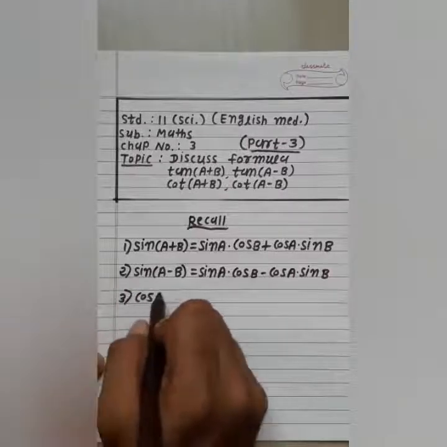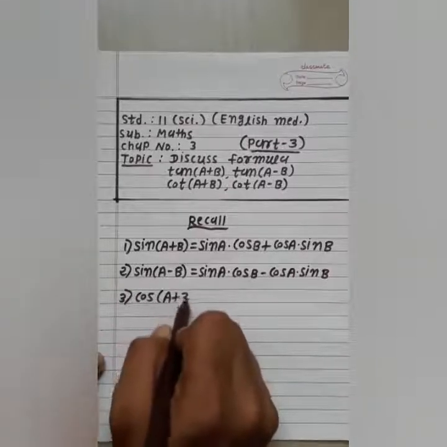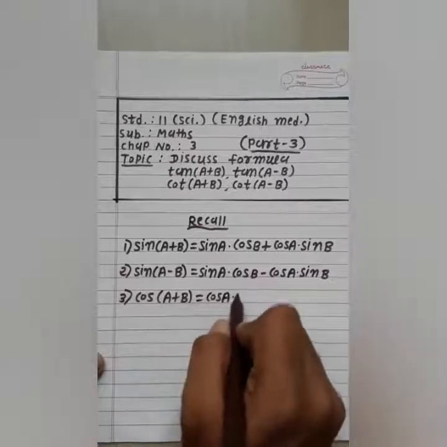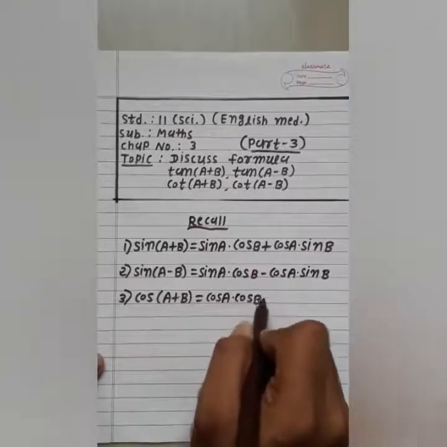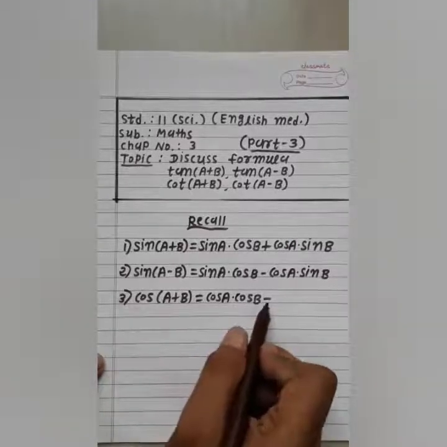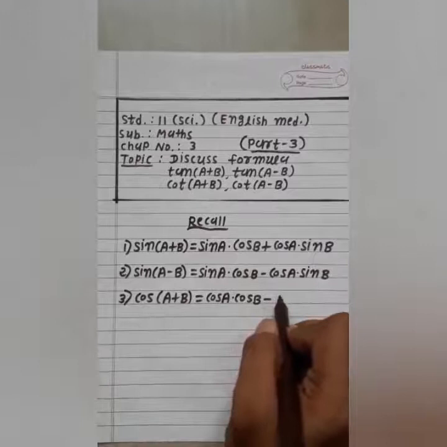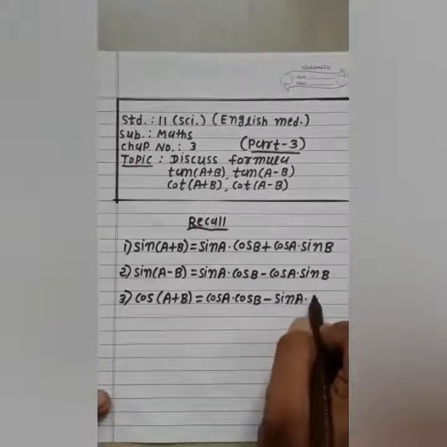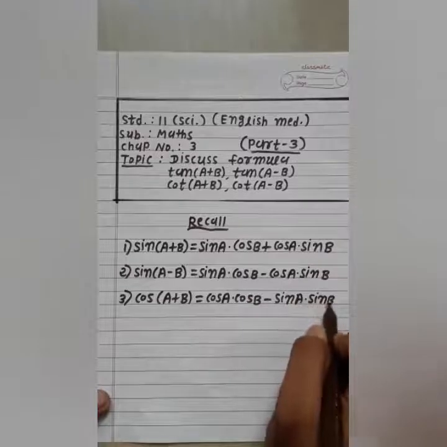Next, cos(a+b) is equal to cos a into cos b. Here in between a plus sign is present, so here we write a minus sign. So minus sin a into sin b.